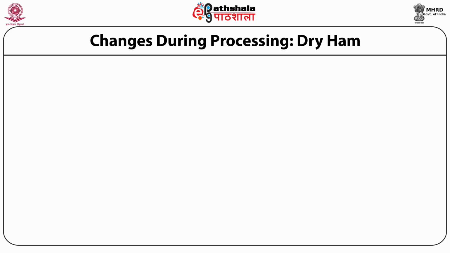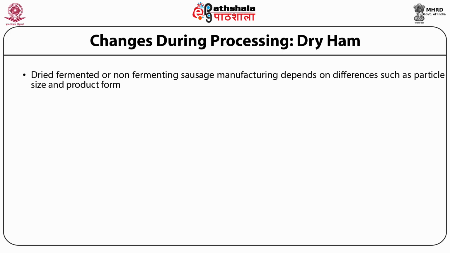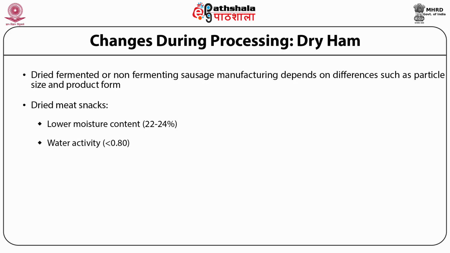These can be considered a type of dried, fermented or not fermented sausages where manufacturing differences are the particle size and final product form, round, flat, etc. Most dried meat snacks have a much lower moisture content, 22 to 24%, water activity less than 0.80, and moisture protein ratio 0.75:1 or less than other products that we have discussed.